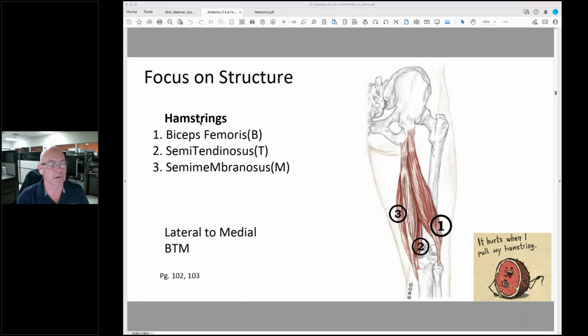So the hamstrings, you've got the first three on your structure worksheet. Is everybody where they need to be, having the structure worksheet out and ready to fill in the origins, insertions, and actions? Yes, good. Okay. Carlos, are you going there, or do you have any questions?